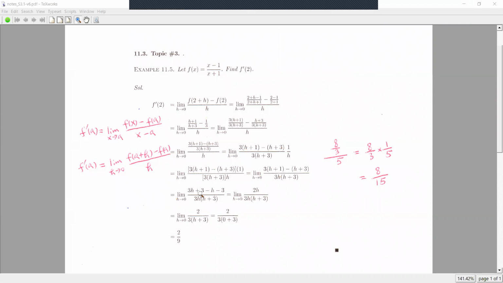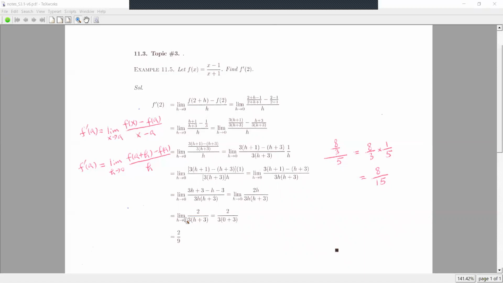Now, cancel the number 3 and cancel 1h. Then we have this equation. Cancel h from the top and from the bottom. We have this equation. To find this limit, direct substitution.